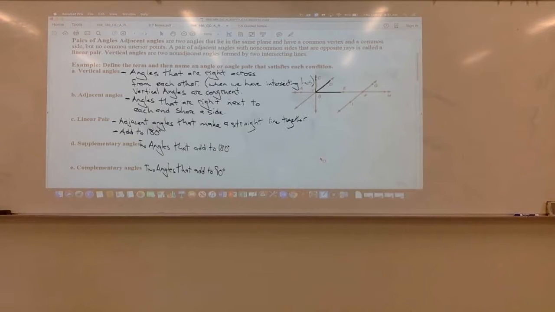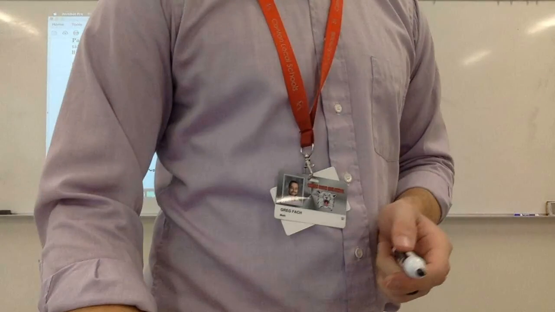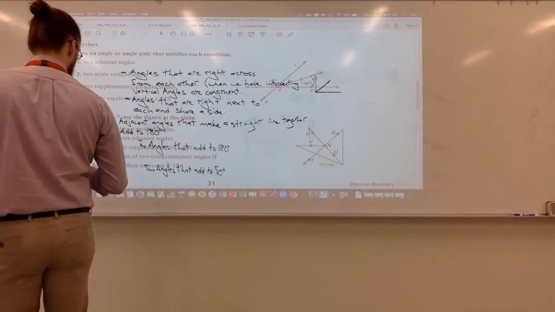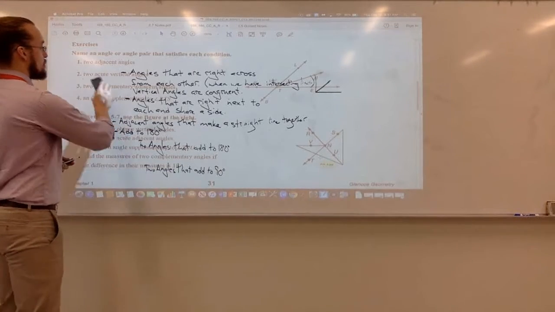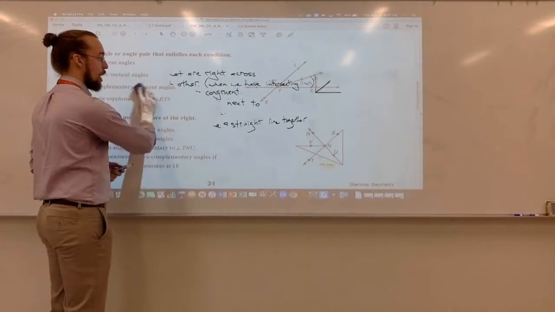Any other questions on the properties? All right, so let's jump down to the bottom then. We are just going to try to identify these relationships in these two different diagrams. We're going to take 5 or 10 minutes here and practice these.